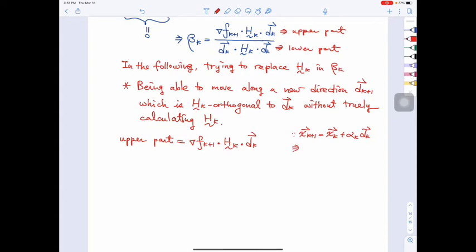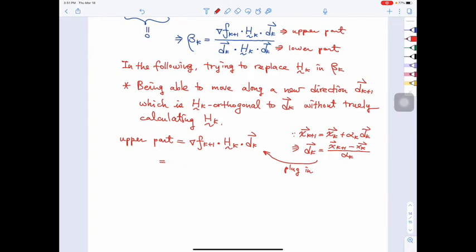So we know dk actually equals this. So we can plug it in. What happened after we plug in?